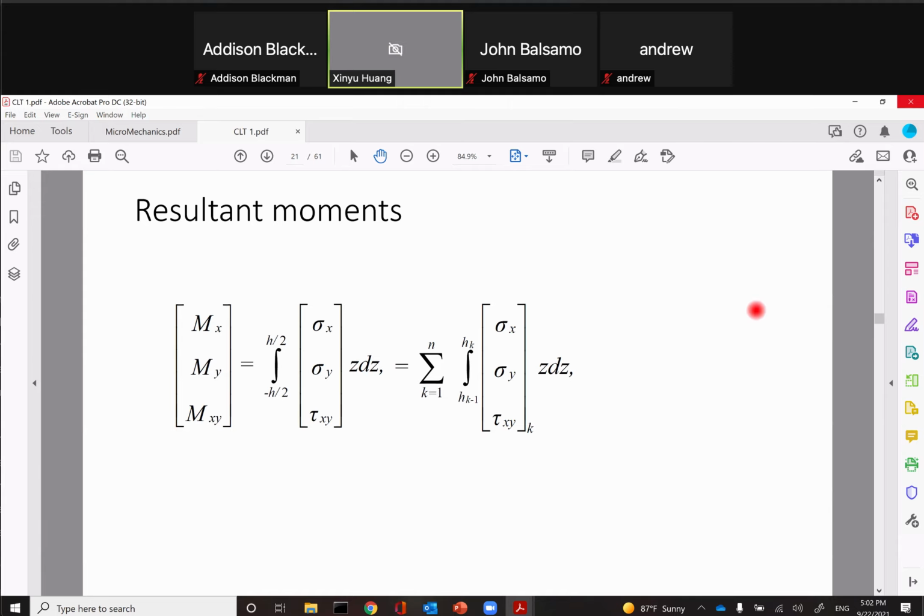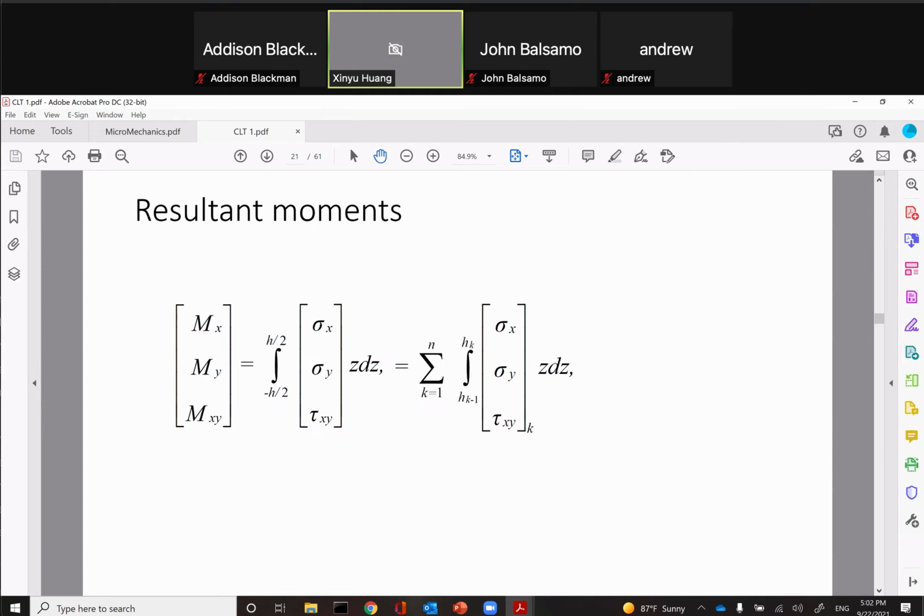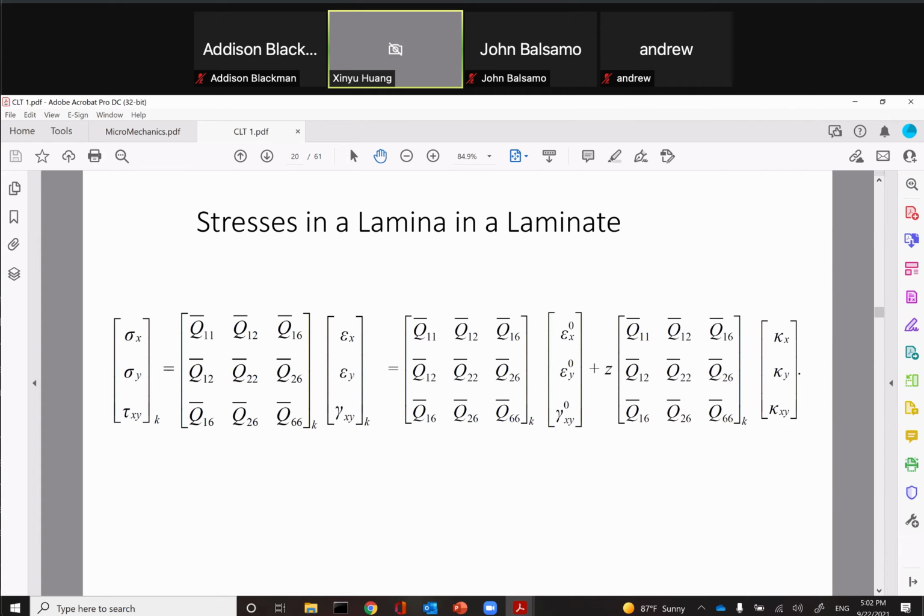There's one Z here, and there's a Z squared here. So what happened is we plug sigma equals this into it. There's a Z here. You multiply Z over here, and then Z multiplies this, and Z multiplies Z here. That's Z squared.